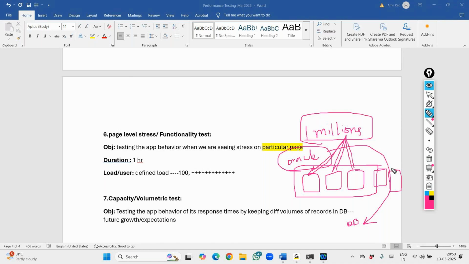Through word of mouth publicity or some sort of advertisements, the usage is going to increase. If they simply keep one DB, definitely that won't be sufficient. For the same reason, whenever a client is planning any application, definitely they should go ahead with some sort of future expectations. Based on that, they will be adding a few more DBs into our system.